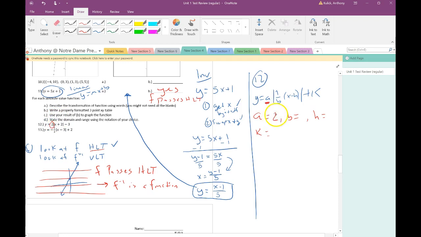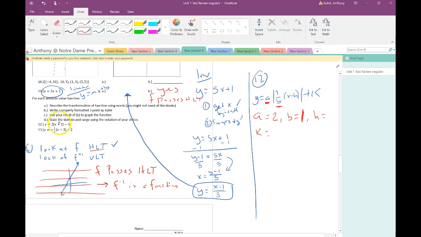Okay so far? There's no 1 over B term here because there's nothing in front of the x. So that must be a 1, because if there's nothing being multiplied, I know it's a 1, right?